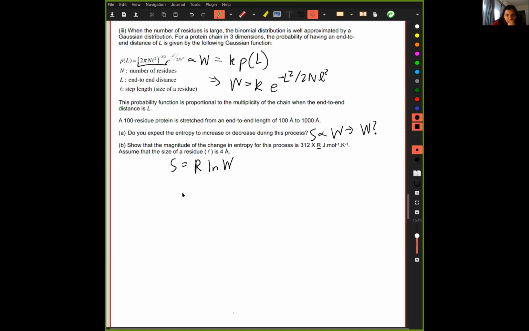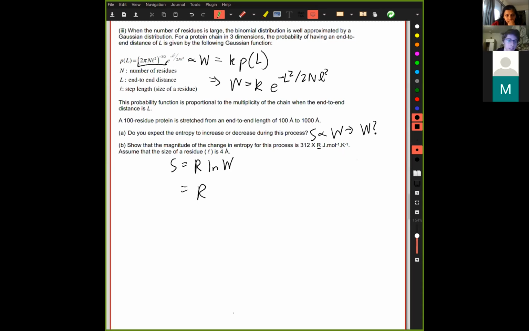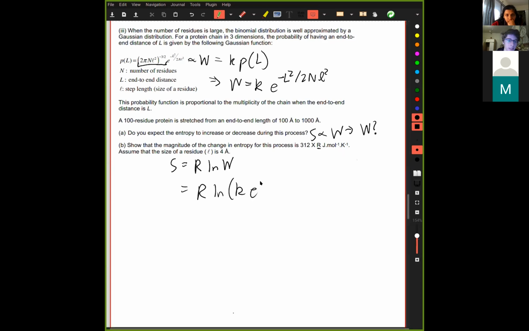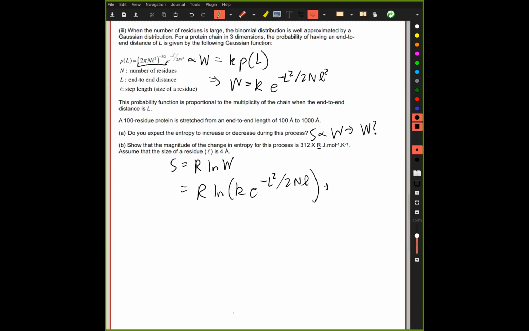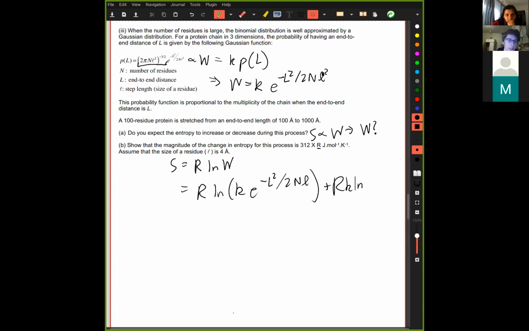So from here, we know that since our entropy is R times ln of W, this is R times the ln of k e to the negative L squared over 2nl squared.